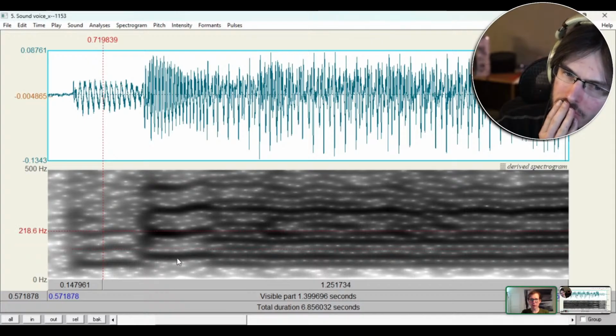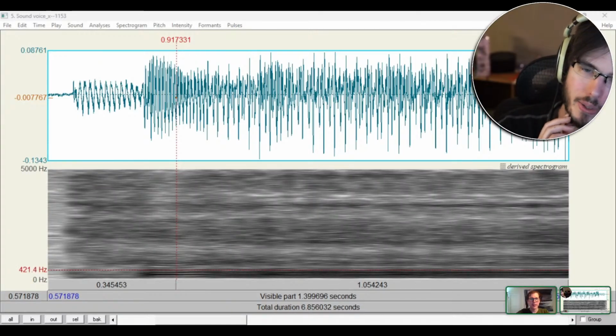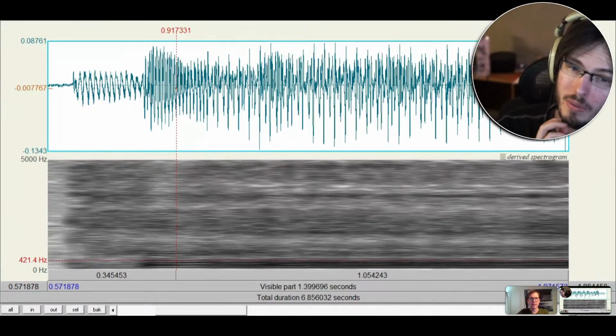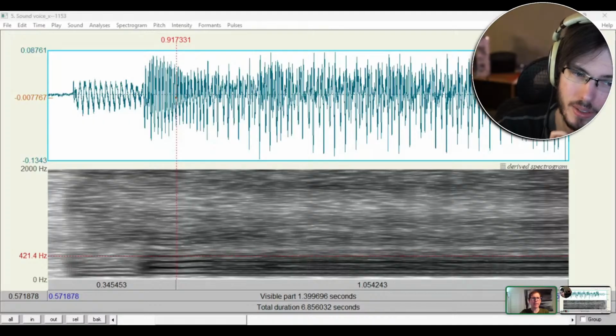For the true vocal fold vibration, you see much clearer harmonics, and if I just quickly change the spectrogram, instead of up to 500 hertz, I'm looking at 5,000. Oh, that's a lot. That's right. Yours is much more sensitive than mine. Well, I've got the dynamic range up pretty high.